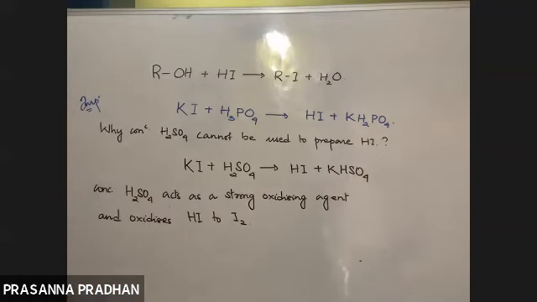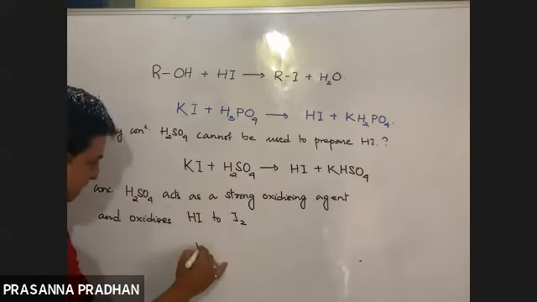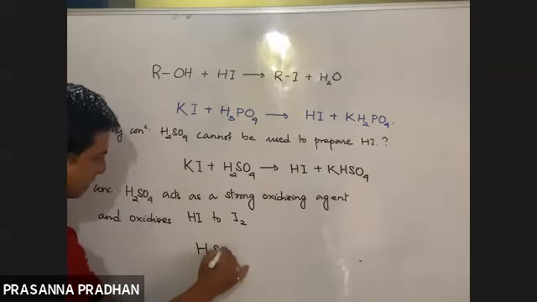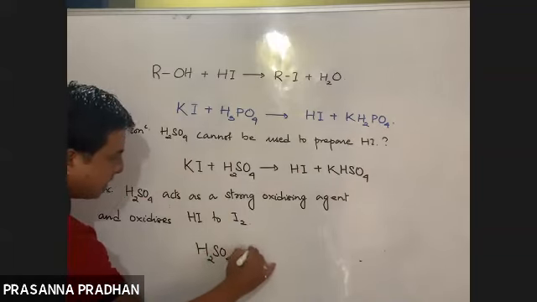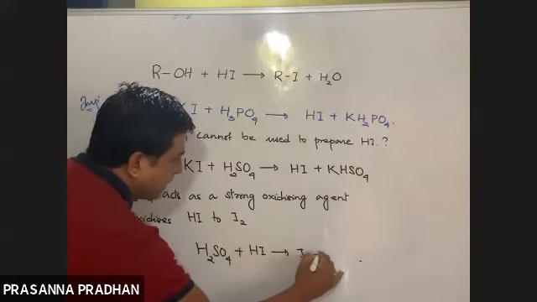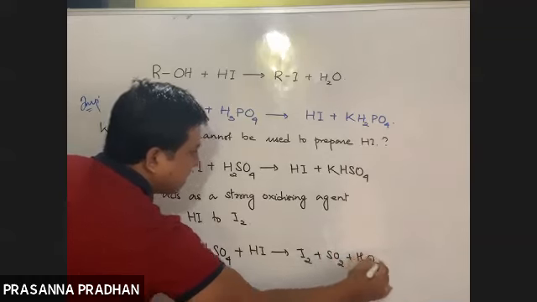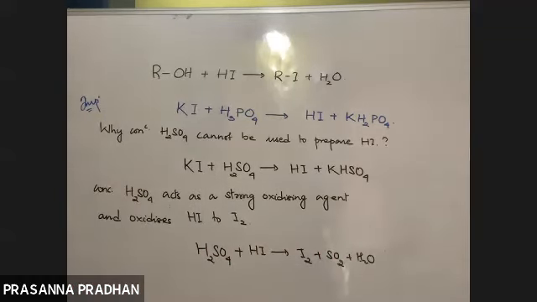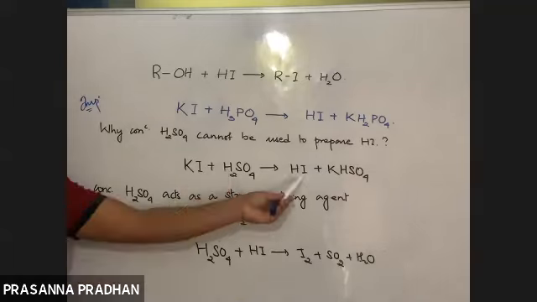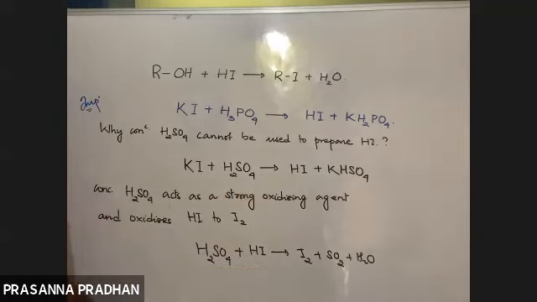Even if you use sulfuric acid, HI will be formed, but this sulfuric acid will oxidize the HI to give molecular iodine, and itself will get reduced to SO2. Whatever HI is produced will again get oxidized to I2. So that is why conc H2SO4 cannot be used.